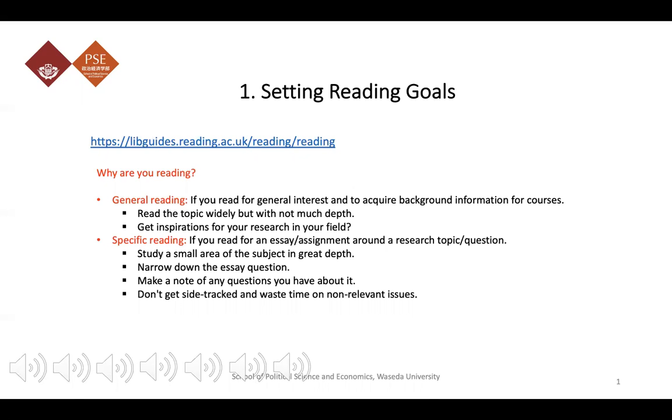But compared to reading across different fields or reading in literature, poetry, and drama, specific reading has a clearer purpose. You might have to read in a limited time frame for a specific assignment, an essay, a paper, or even your dissertation. So when you read under pressure and under time constraint, you probably have to find specific strategies to speed up your information gathering process.